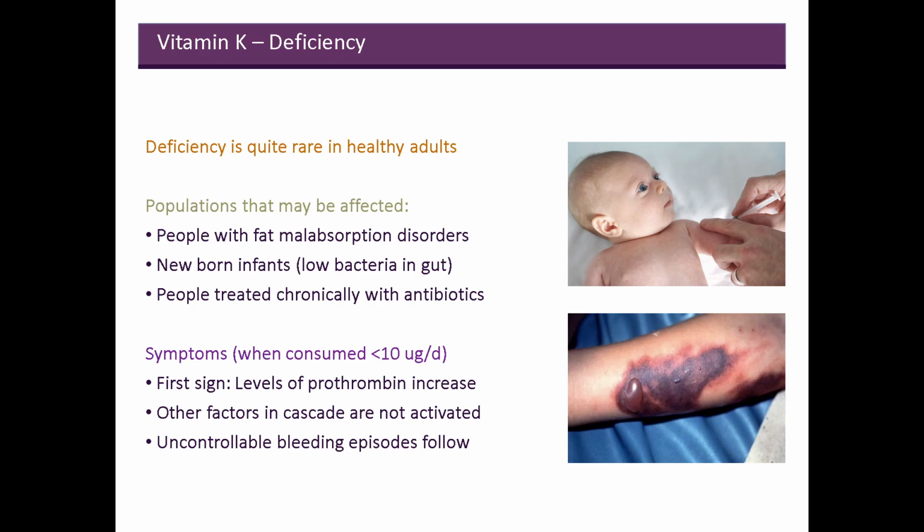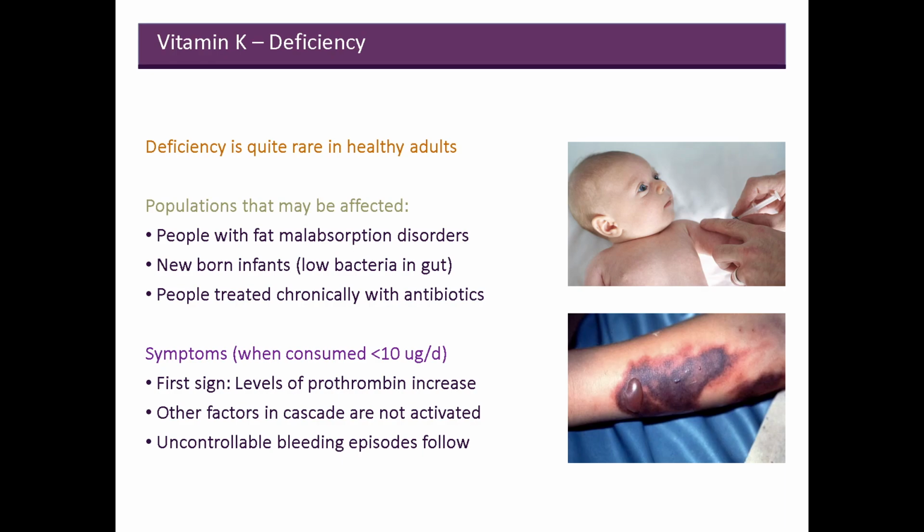So symptoms of vitamin K deficiency happen when less than 10 micrograms per day are consumed. The first sign is levels of prothrombin increased. If you think about the blood clotting cascade, prothrombin never gets converted to thrombin, so it makes sense that we have high levels of prothrombin.